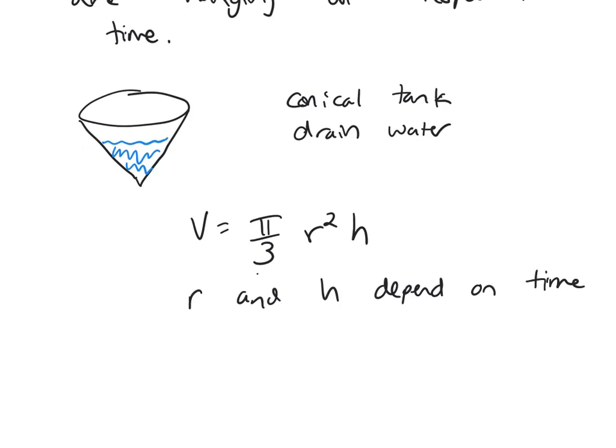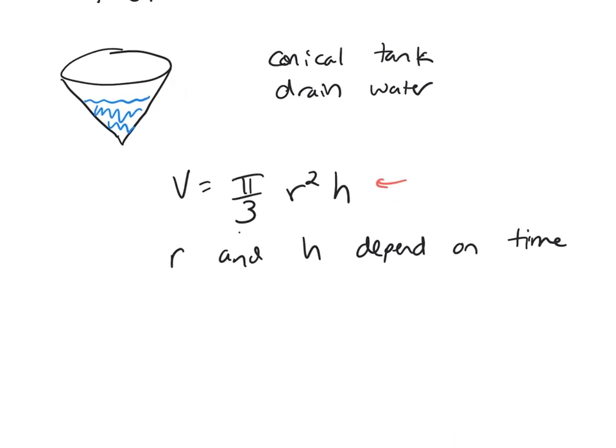But what that means is because these variables here are related with this equation, it means that the volume, V, is a function of time. Secretly, the equation contains the variable t, we just can't see it.